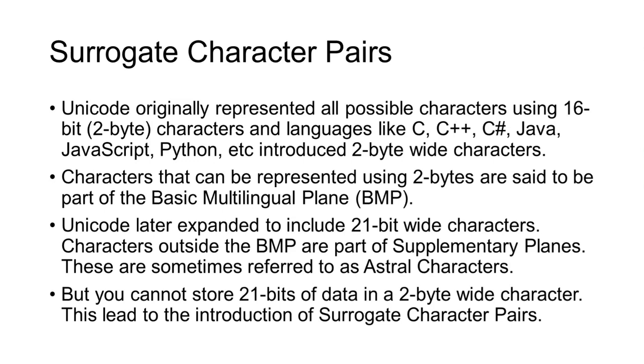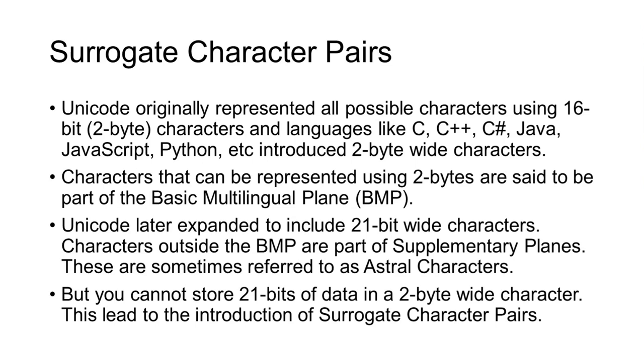And at that time, they did not anticipate that Unicode would ever use more than 2 bytes. They thought they had covered all languages with a 16-bit character set. And so languages like C, C++, C#, Java, JavaScript, Python, etc., introduced their standard strings using 2-byte wide characters. And they thought they had it covered.